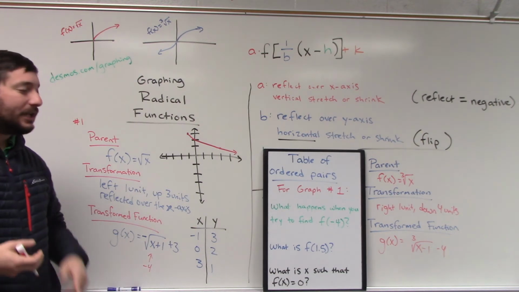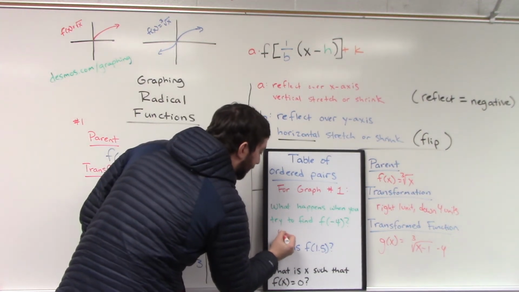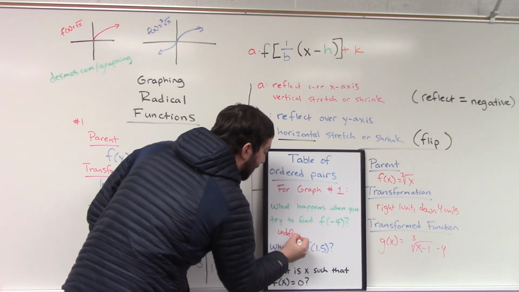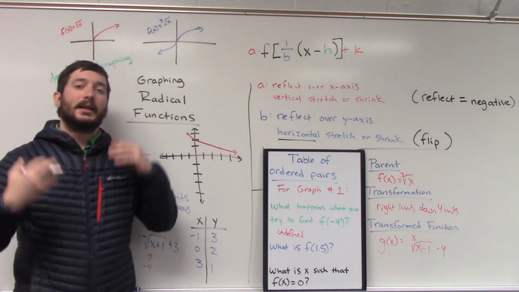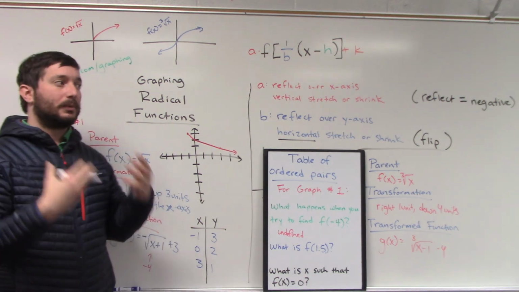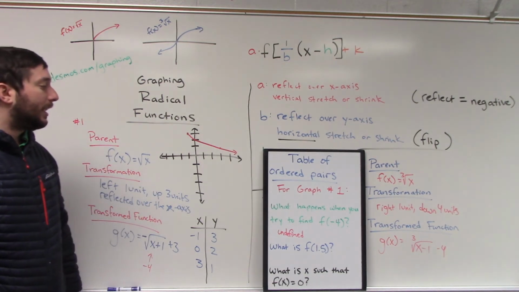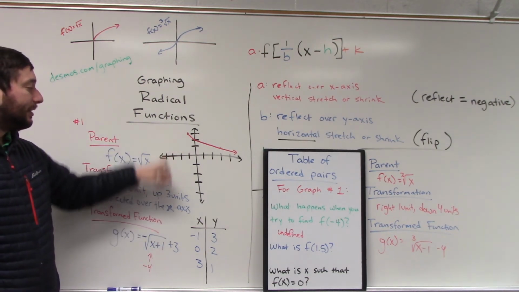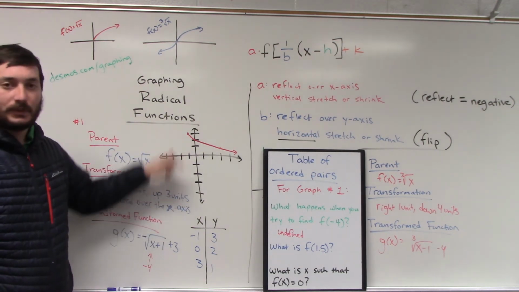If you type this in the calculator, it's going to give you something undefined, or the calculator might say error, because the answer that comes back is not a real number, it's an imaginary number. When we're talking about this unit, we're going to be talking about real numbers. So when x is -4, is there a graph over here? No, there's no graph over here.